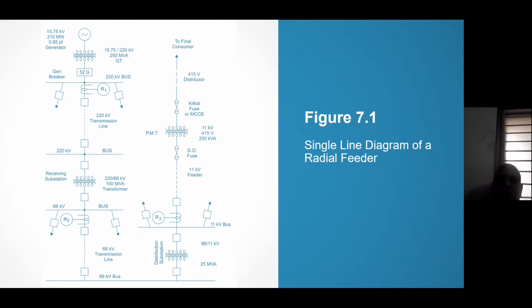But R3 will operate and R2 will give backup. Before R2 gives backup, the transformer relay will also give backup, but right now we are not studying transformer protection. Transformer protection is going on. 3 sessions are over, and we are going to complete transformer protection also in time to come, right?